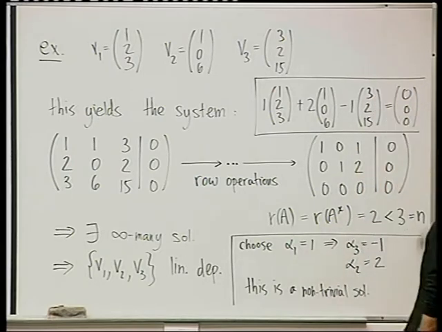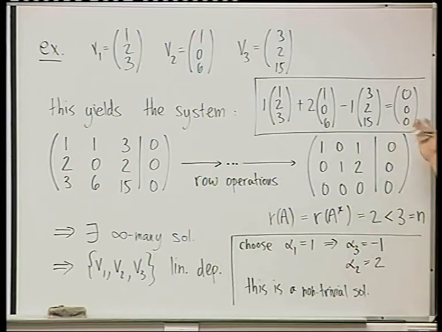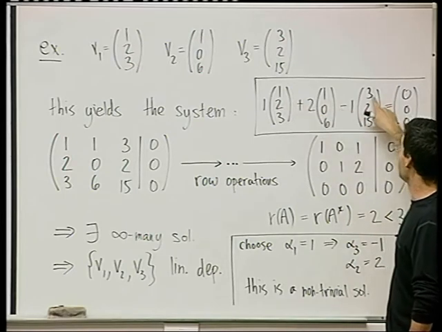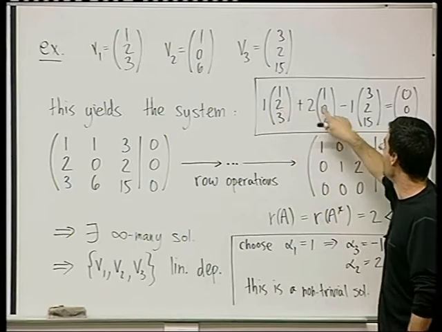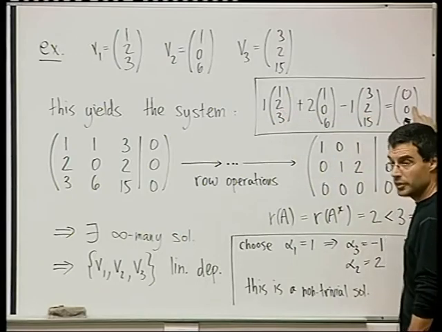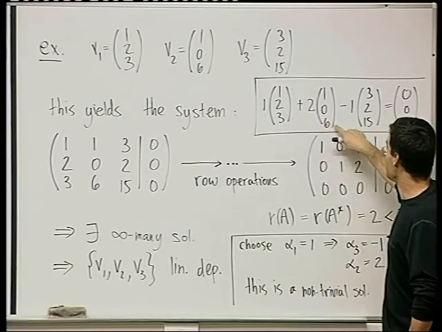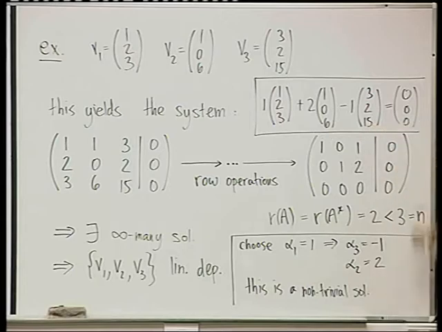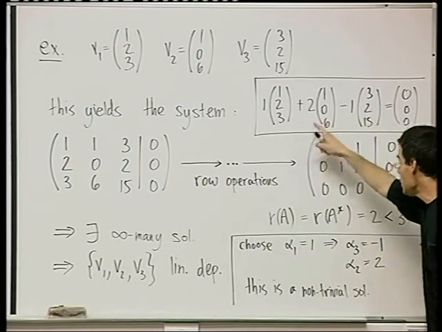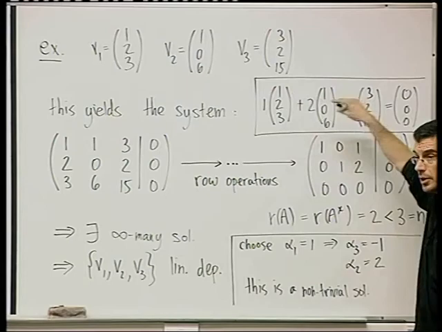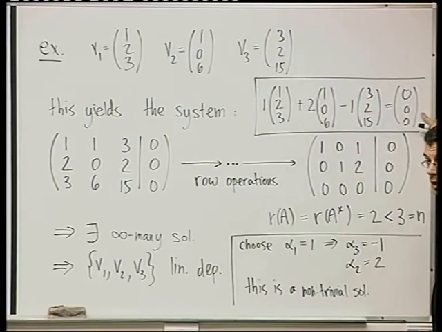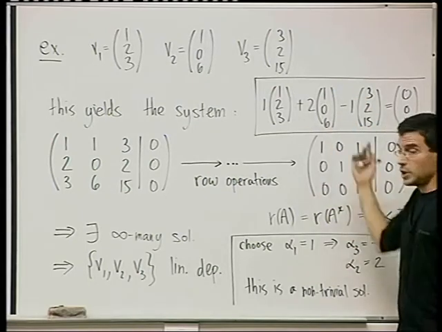That's what a solution to the system means. And you can check this. 1 plus 2 minus 3 is 0. 2 plus 0 minus 2 is 0. And 3 plus 12 minus 15 is 0. There you have a linear combination of these three vectors which gives you the 0 vector, but not all coefficients are 0.